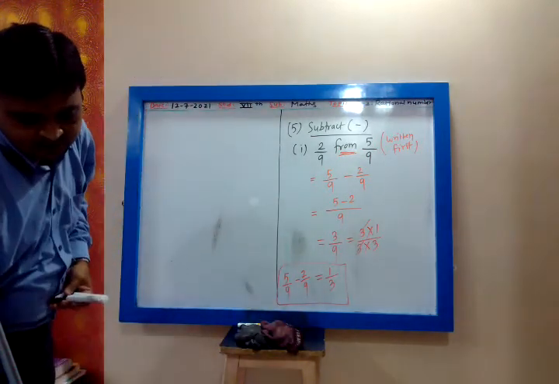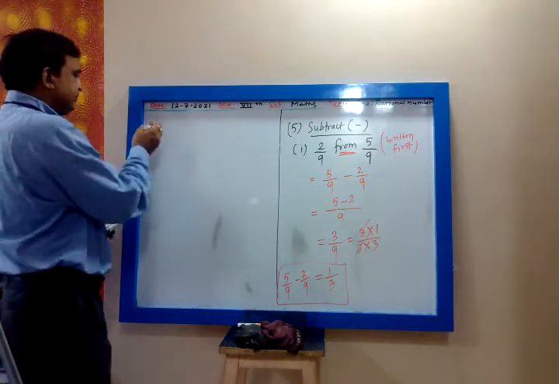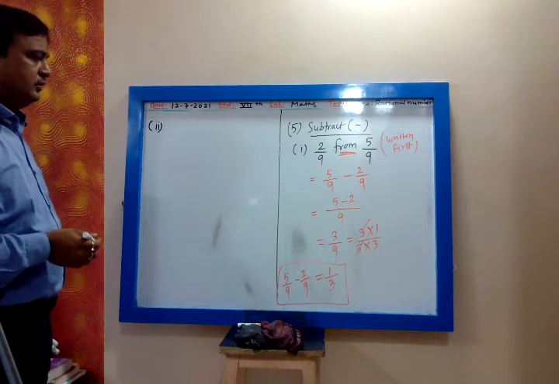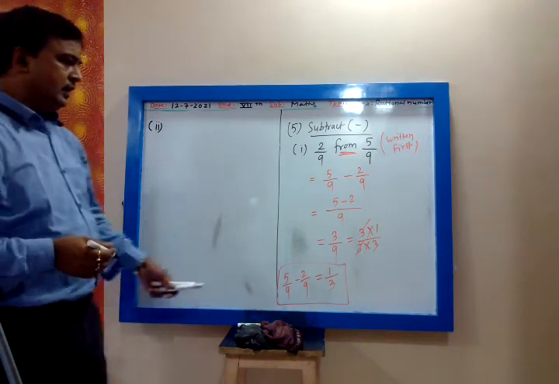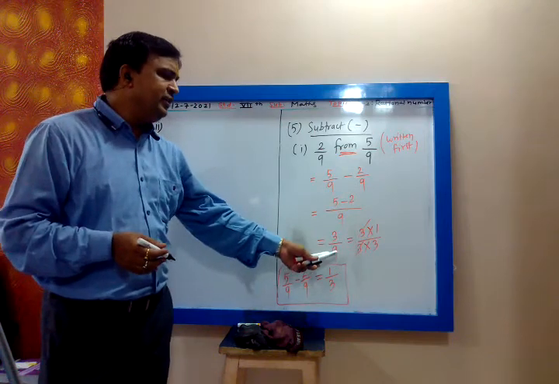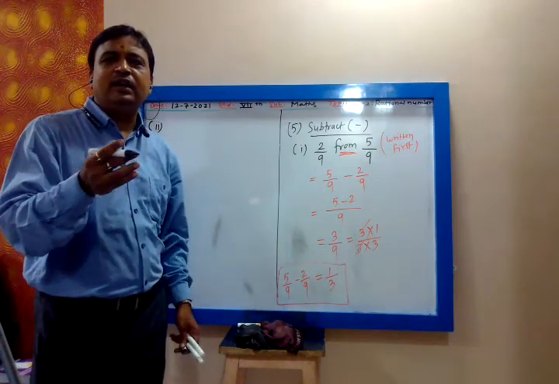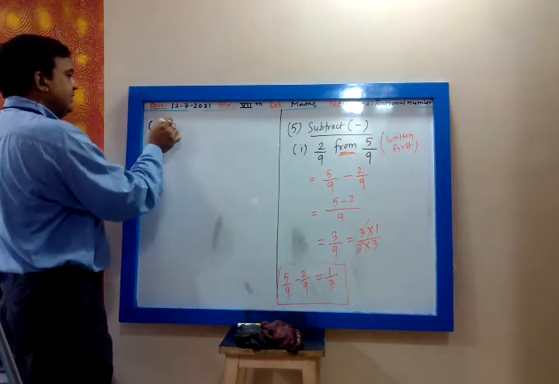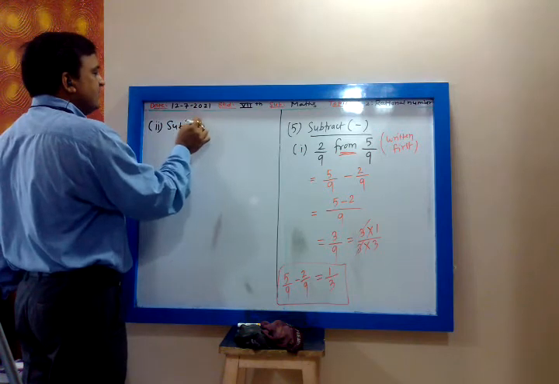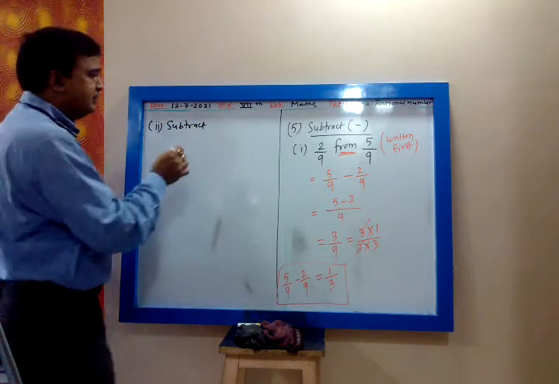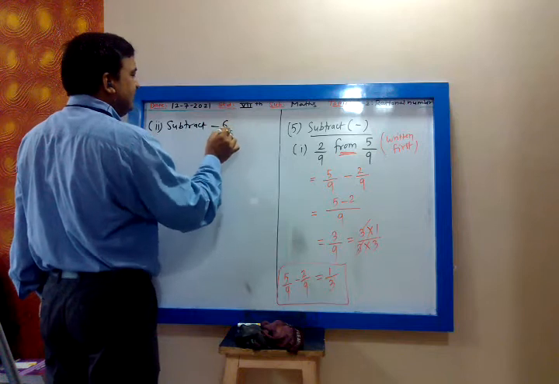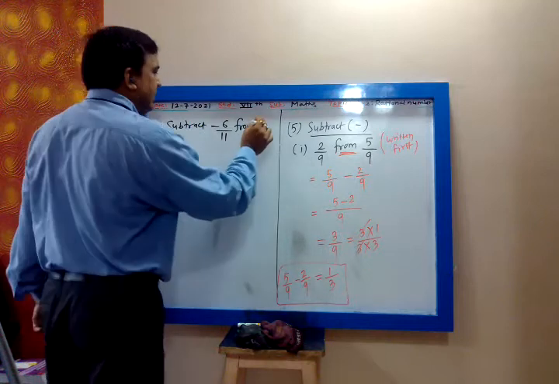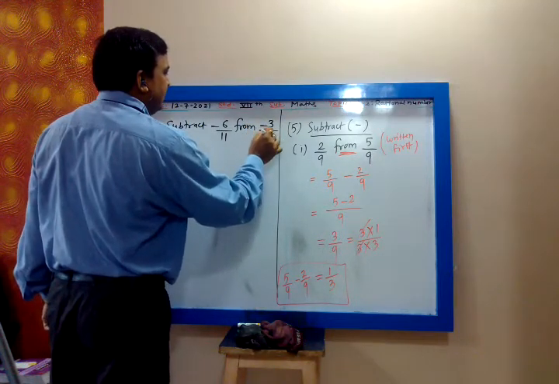Next is subtract minus 6 by 11 from minus 3 upon minus 11. 9 you can write 3 into 3, no?